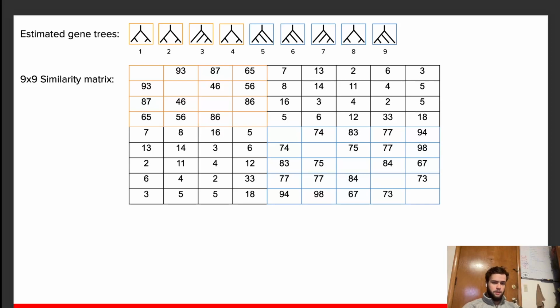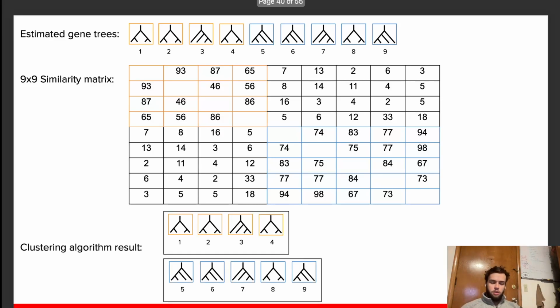So because they're so different, if we throw this matrix into something like k-means, again, we will get a result like this, something very nice, where it places all the gene trees that have horizontal signal with one another and all the gene trees that do not have horizontal signal also with one another.